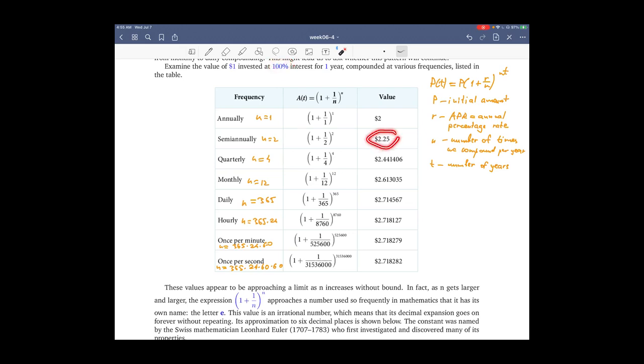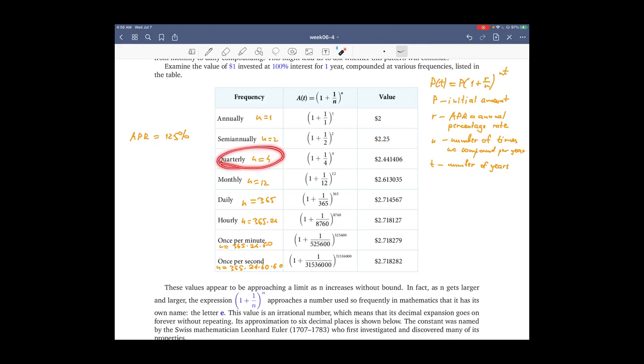But look at this $2.25. That actually corresponds to an APR of 125%, because our original investment of $1 grew by 125% to get to $2.25.